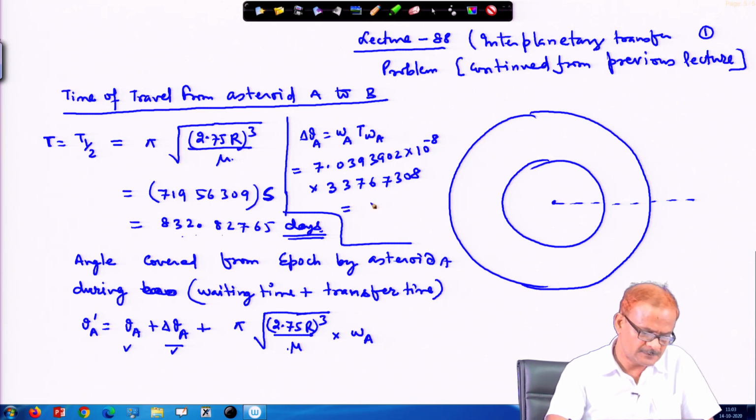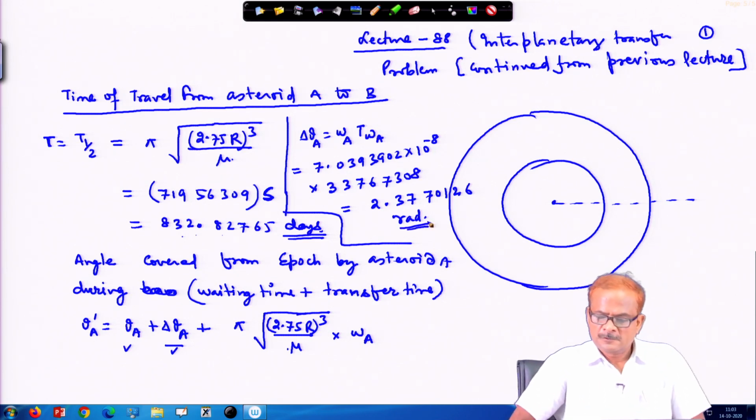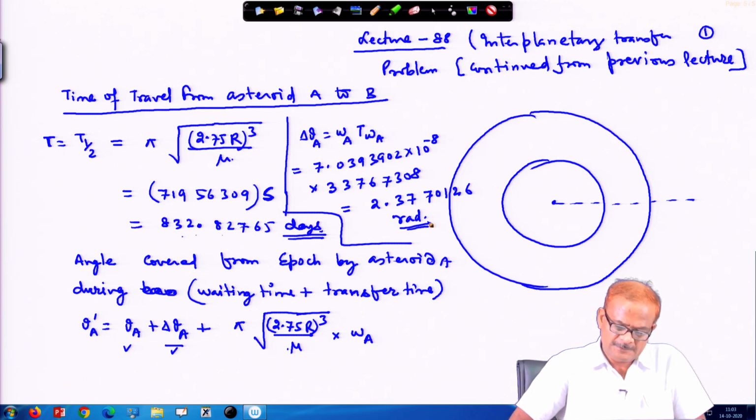So, this turns out to be 2.3770126 radians. So, this is delta theta A.